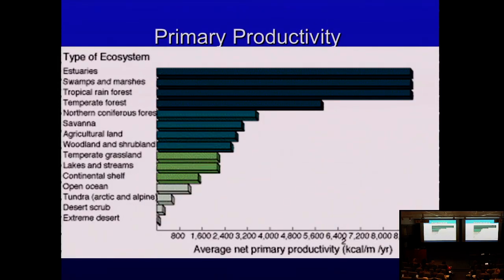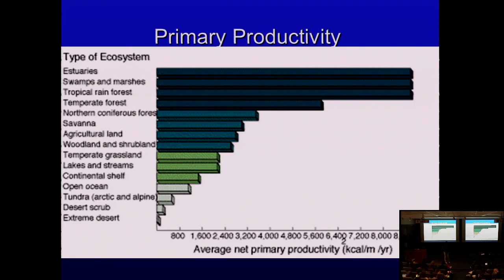Last two slides. One. Primary productivity. We've already established what that is. Either how much carbon dioxide comes out of the atmosphere at the hands of these ecosystems, or how much biomass is made, or both. What you see here is a picture where we talked about this already, right? The rainforests, swamps, marshes, estuaries, the highest biological productivity there is.